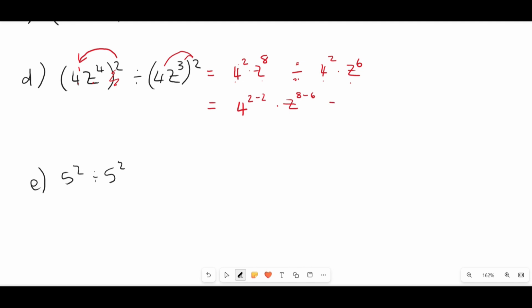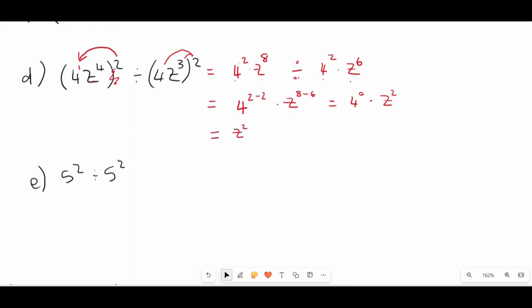Now 4 to the power of 2 minus 2 becomes 4 to the power of 0, and we know 4 to the power of 0 is equal to 1. So this is now 4 to the power of 0 times z to the power of 8 minus 6, which is 2. In the end, we can write this whole thing as z to the power of 2, because this is 1, and anything times 1 is just that thing. So if I have 1 times z squared, the answer will just be z squared.